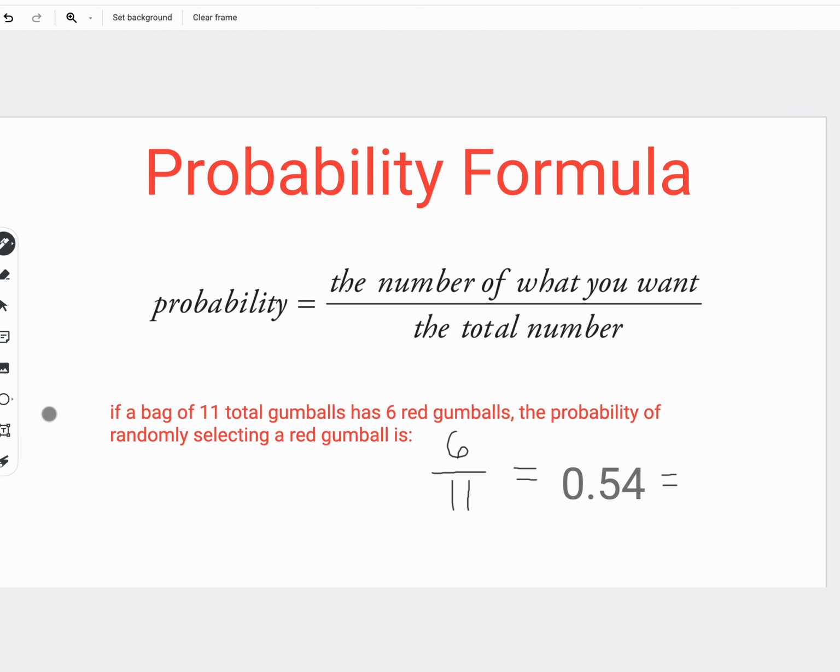We multiply 0.54 by 100 to get us to 54%. The probability of randomly selecting this red gumball, when there are 6 out of a possible 11 total gumballs, can be written mathematically. There's a 6/11 chance, there's a 0.54 or 54% chance of randomly selecting this red gumball.